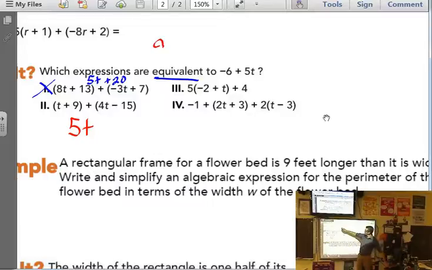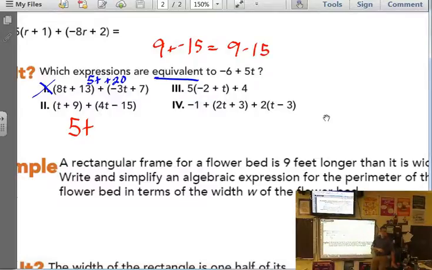So this really, instead of being 9 plus negative 15, it's really 9 minus 15. 6? Negative 6. So 5t plus a negative 6 or 5t minus 6. We've got a negative 6 and we've got a 5t. Option 2 does work. So option 2 matches.